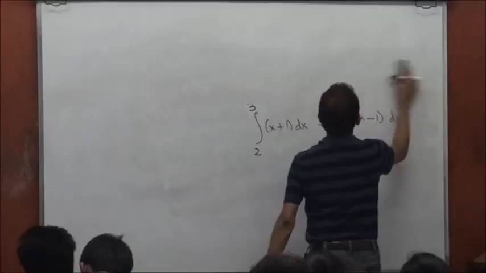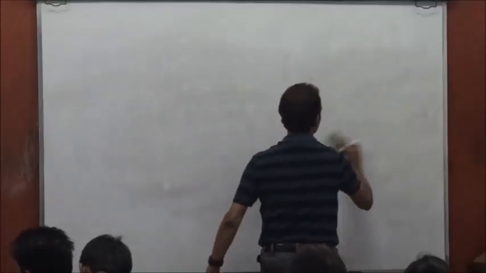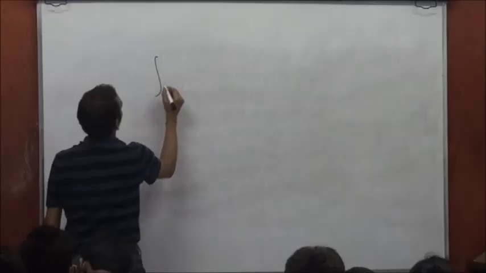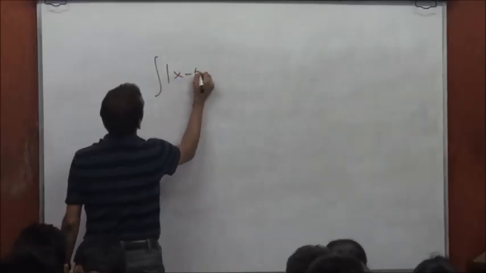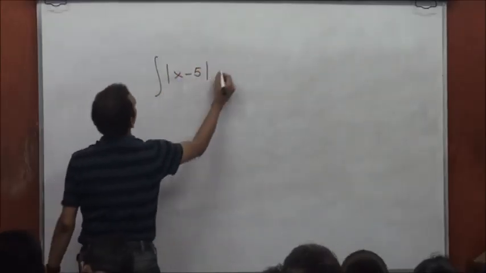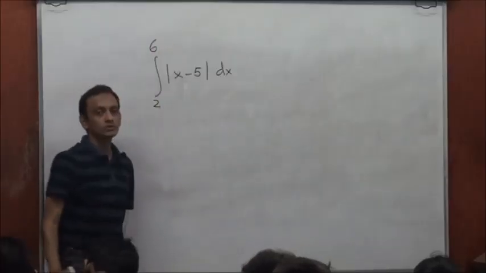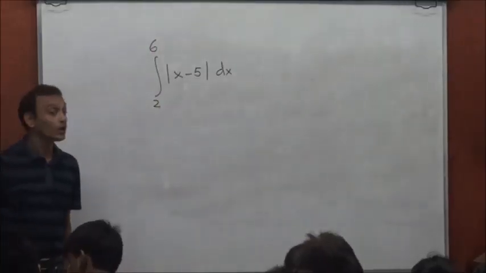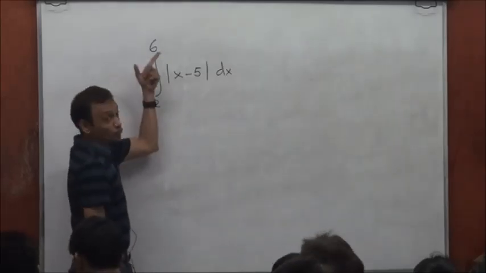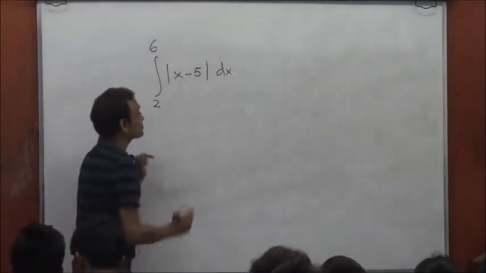Calculate integral of mod of x minus 5 dx from 2 to 6, say. Then what I do is split it, 2 to 5 and then 5 to 6.